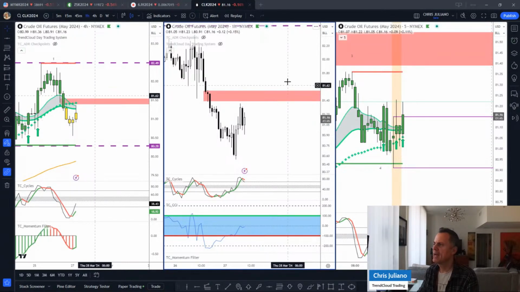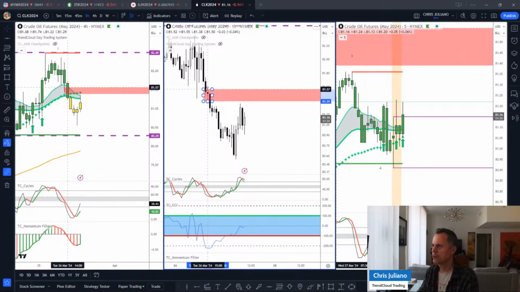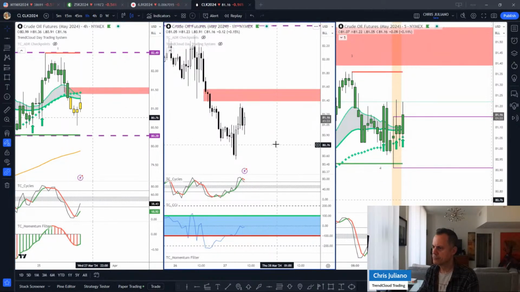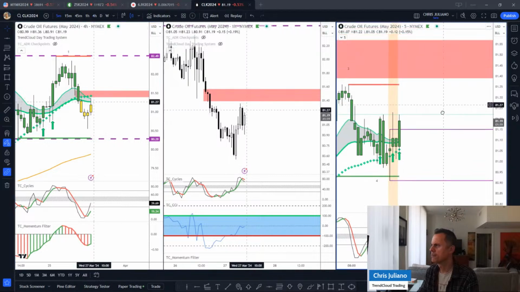Now, that fits the narrative, doesn't it? Look at what we've got here with this supply zone. Look what we have with the narrative here. We've got resistance. Okay, we've got resistance. This is a good area of resistance on the 4 hour chart.